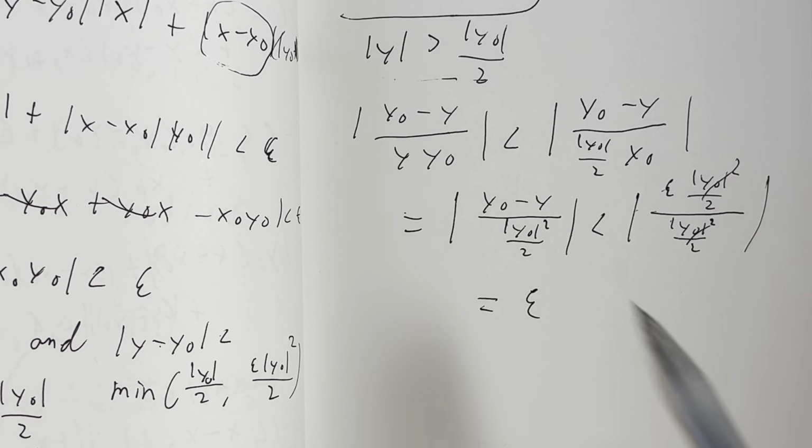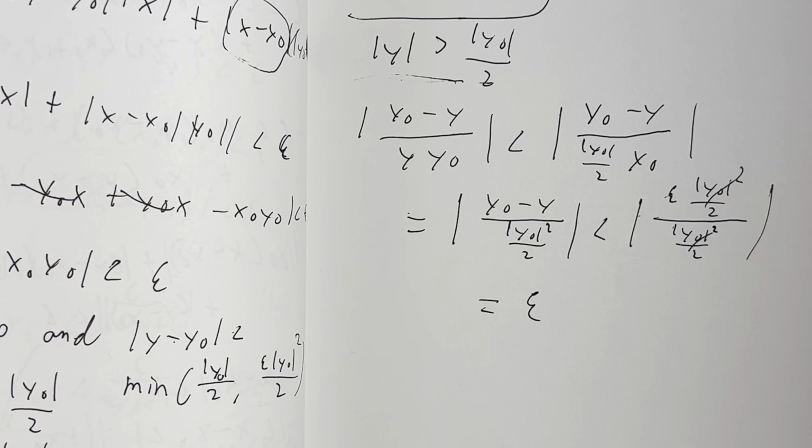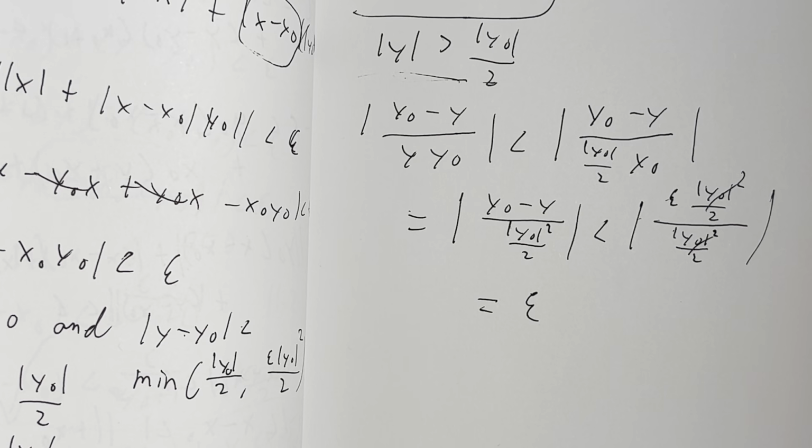So we just need to show that the absolute value of y is greater than the absolute value of y0 over 2.